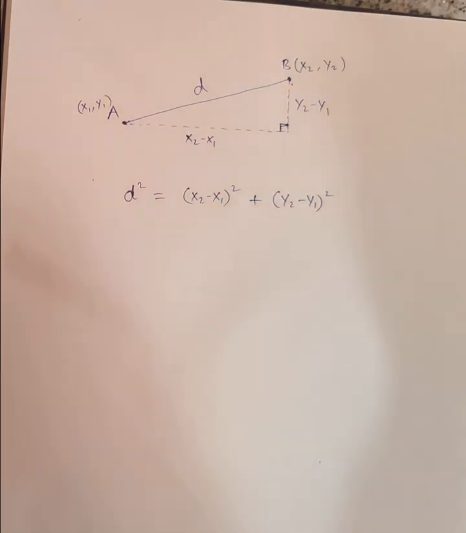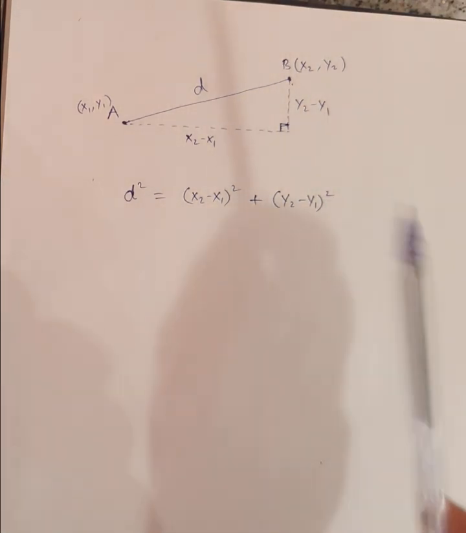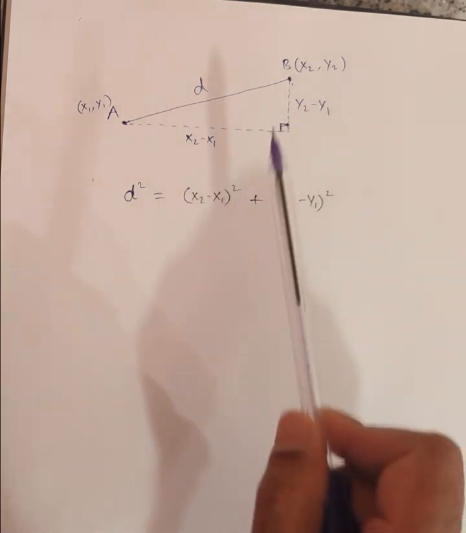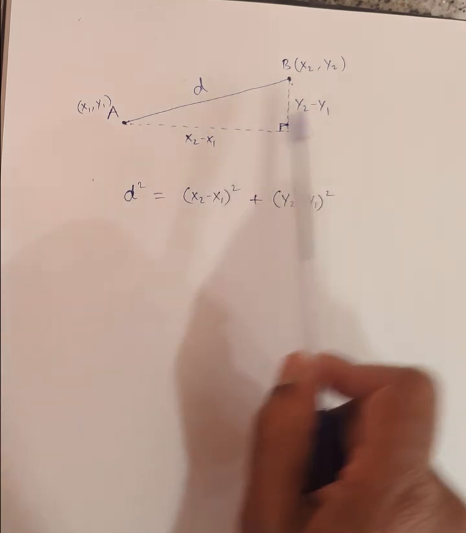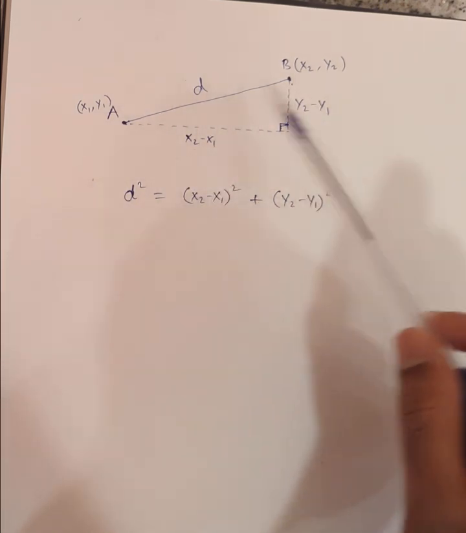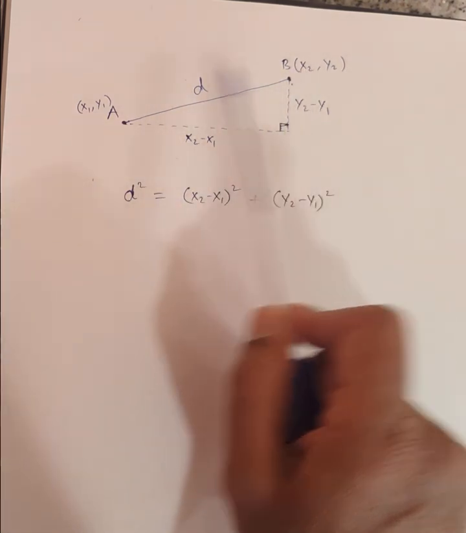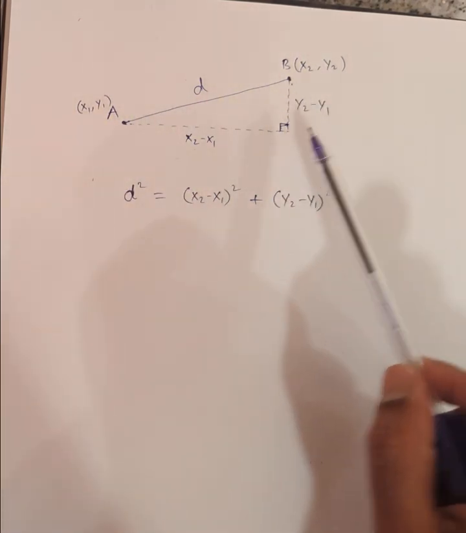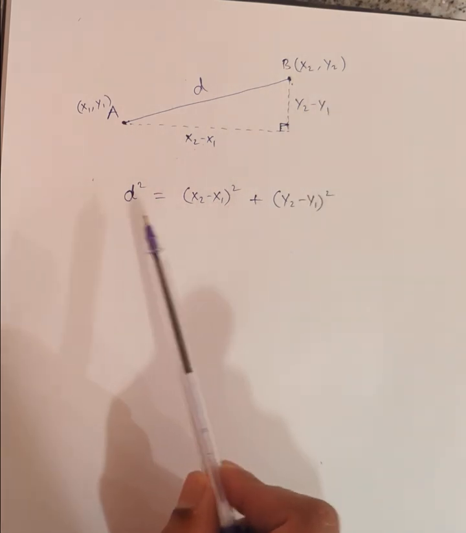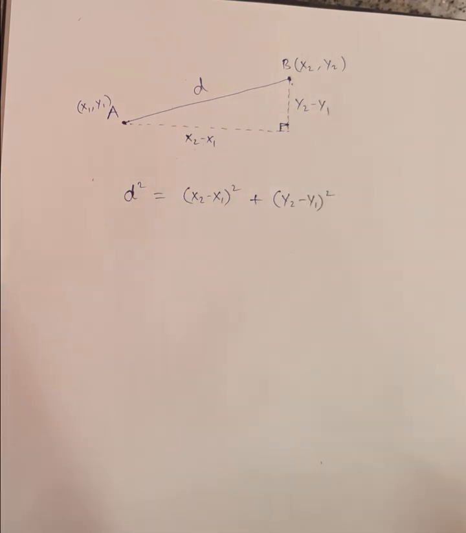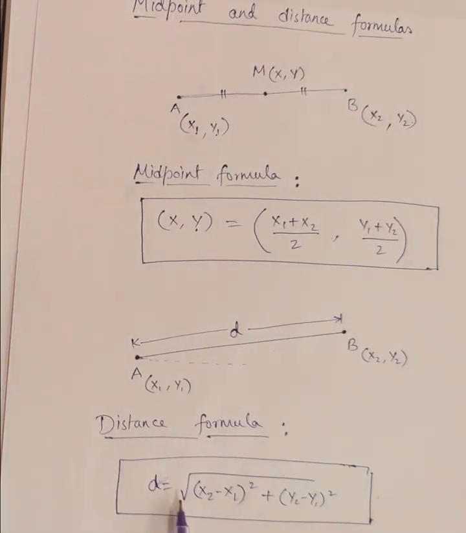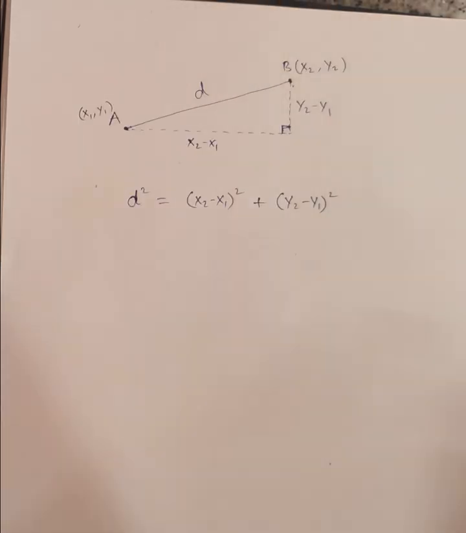When you are thinking Pythagorean theorem, you're used to seeing a square plus b square equals c square, or you could write c square equals a square plus b square. But your a and b are obtained by taking the difference of the x's and the difference of the y's. That's how you get your a and b. And that is actually d square. To get d, you just have to take the square root. So d would be the square root of x2 minus x1 quantity square plus y2 minus y1 quantity square.